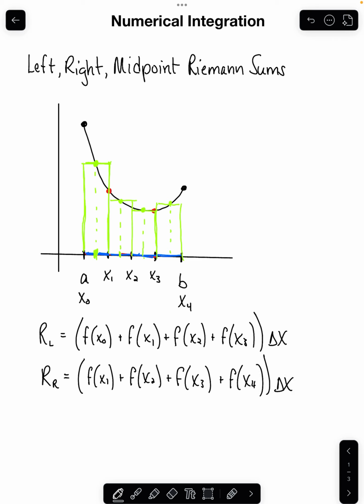And then there's the midpoint rule, which formulaically is going to look much more complicated.